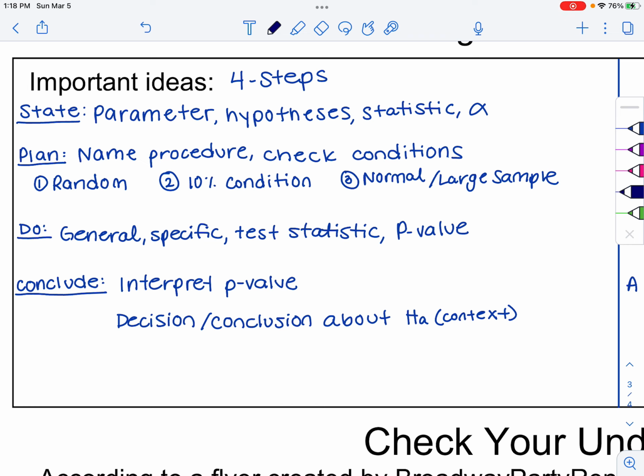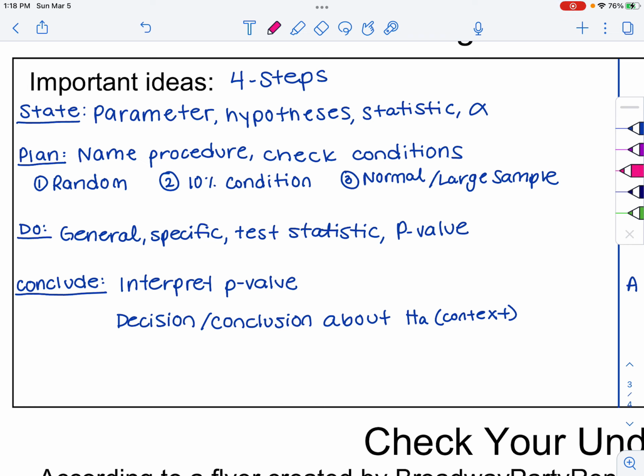Remember that random is so that we can generalize. 10% is so that we can sample without replacement. And normal is so that we can use the normal distribution to find our p-value. For do, we have our general specific formulas. We need to find the test statistic and the p-value.